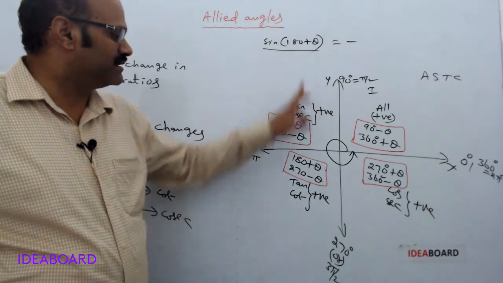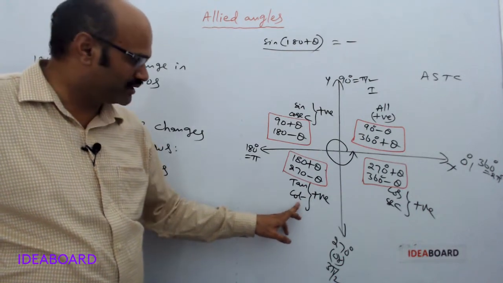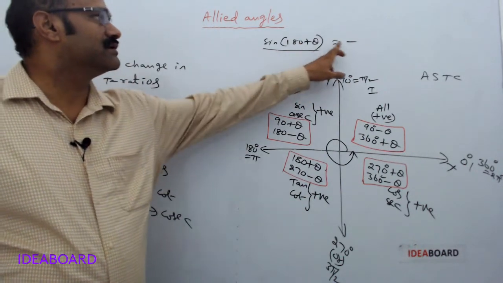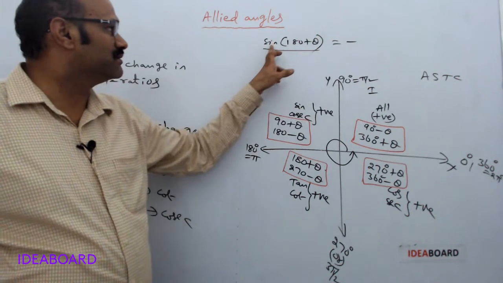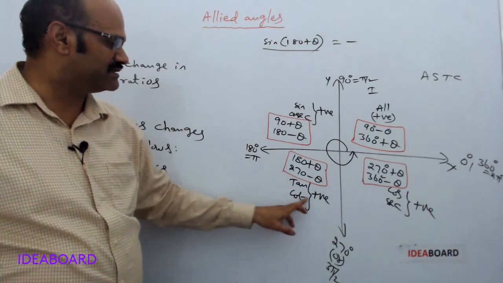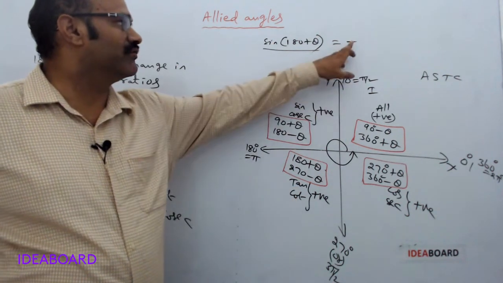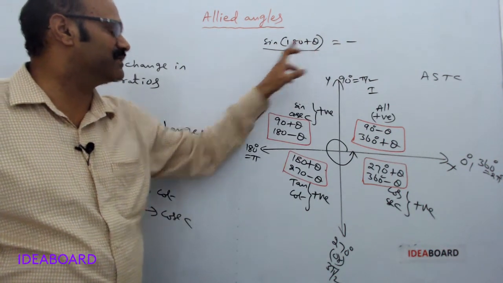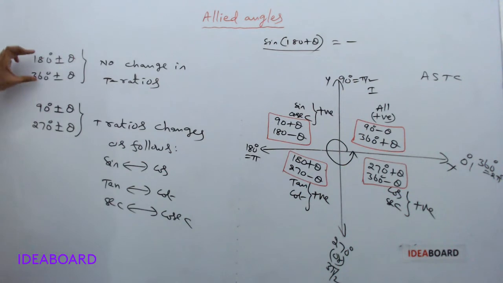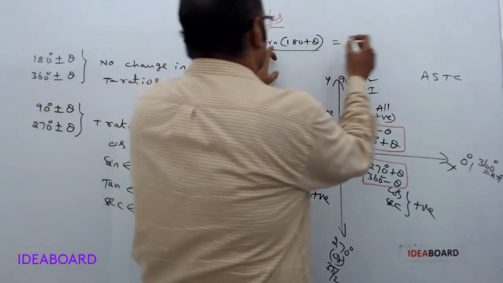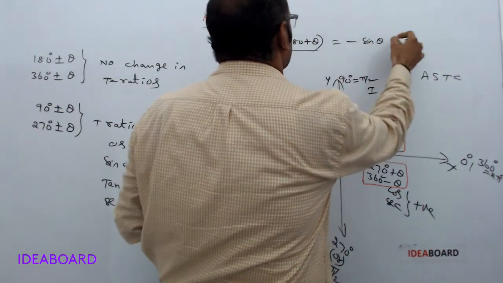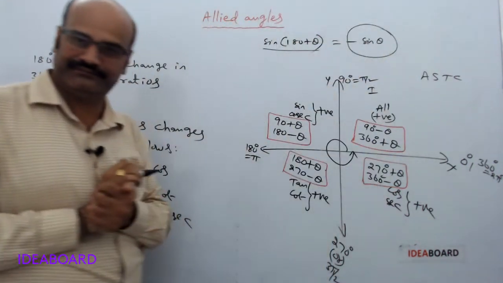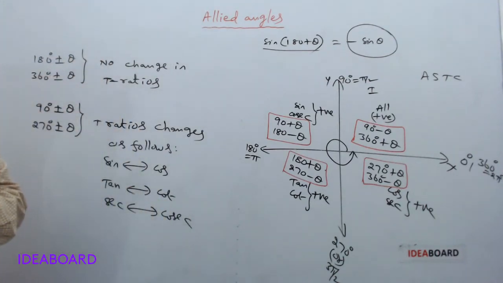Whenever you have 180 plus or minus theta, 360 plus or minus theta, there is no change, so sin becomes sin only. The answer is minus sin theta.